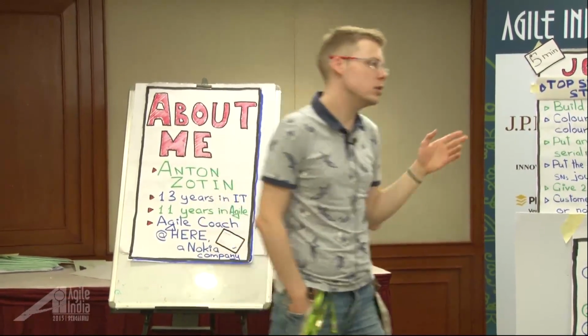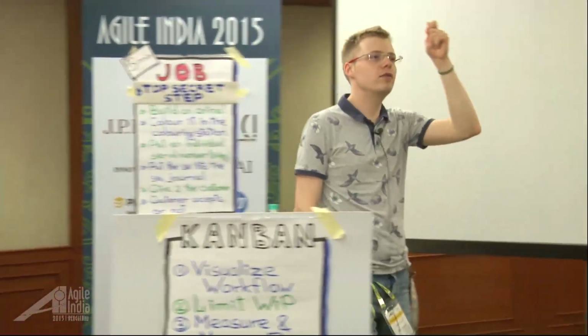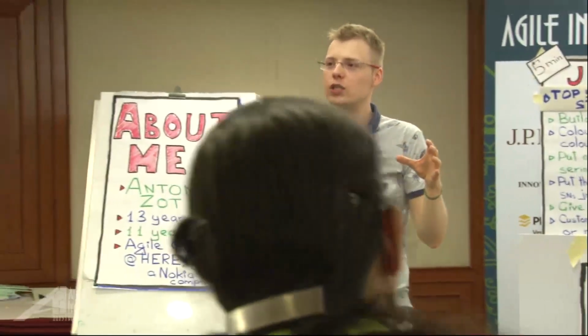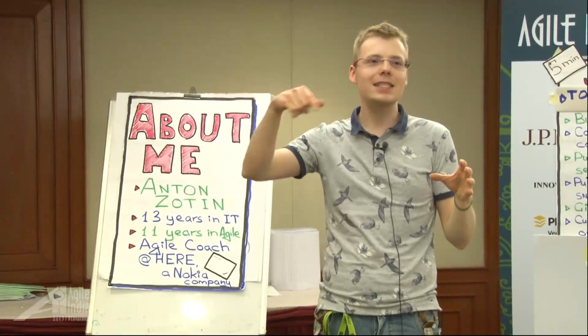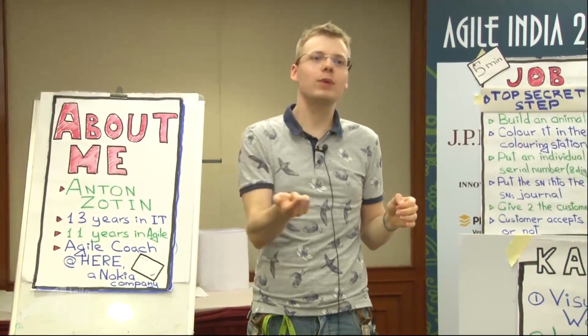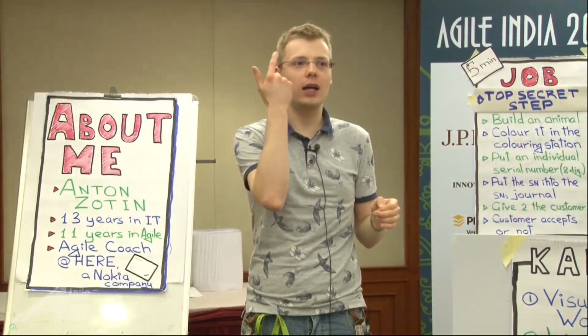So what I want you to do now, you have these sticky tapes. Please use them to draw your Kanban board. And you have a very interesting tip. Observe your table and see what bricks that are not done you see on your table. That somehow will explain how your table will look.